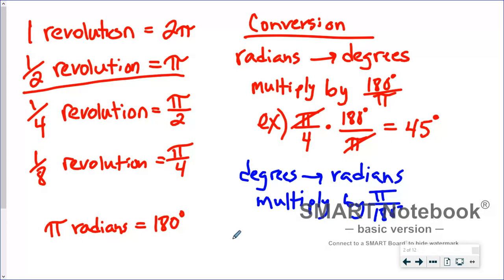If we look at another example, let's just start off with 60 degrees. We multiply this by pi over 180. Here my degrees will cancel, which just leaves me with radians, which is what I want. 60 over 180 can be reduced. 60 goes into 60 once. 60 goes into 180 3 times.